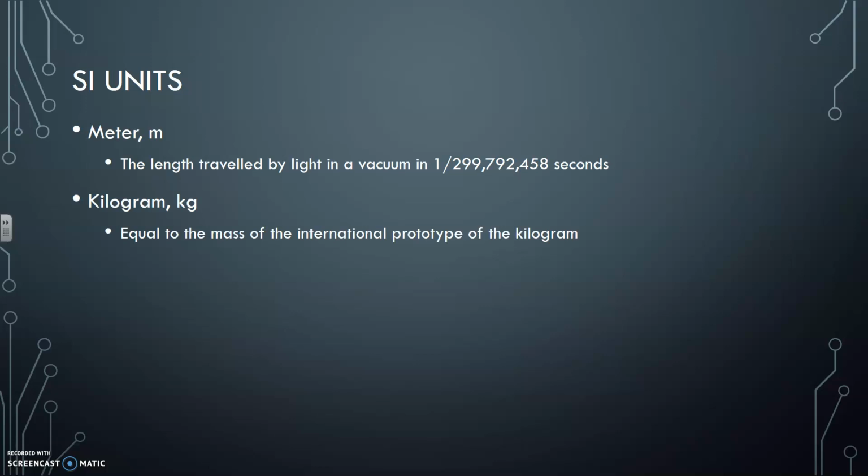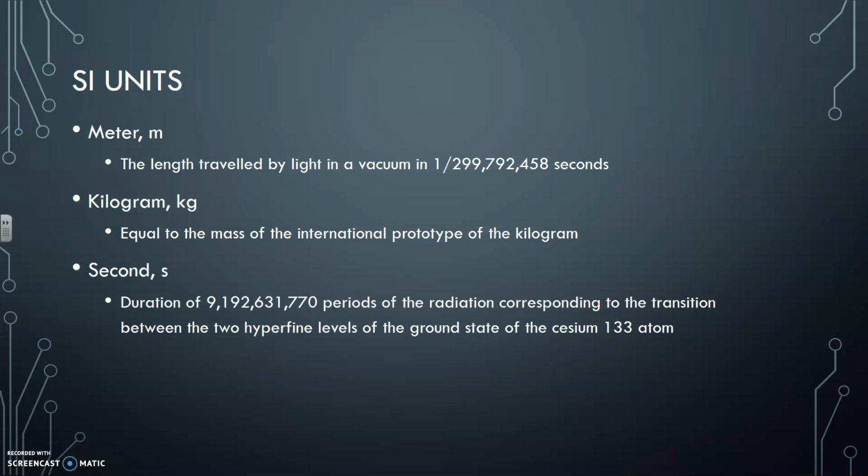Kilogram, again, there is actually a prototype, and every once in a while they will take the prototype out in order to create other prototypes from it that then go around the world, and that's how we get our scales calibrated, and different things like that.